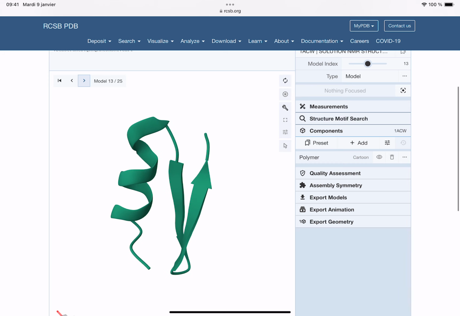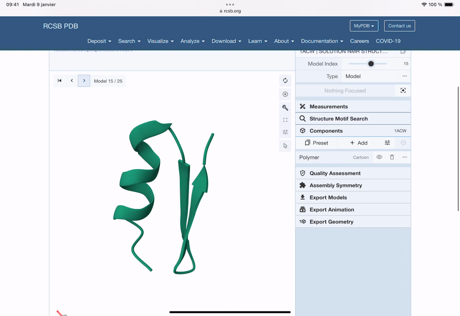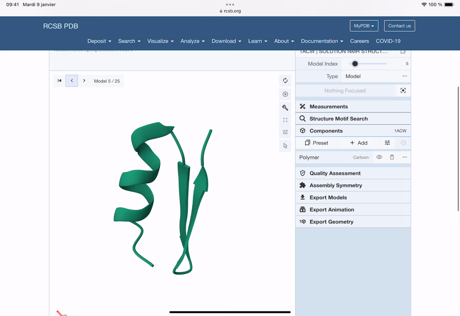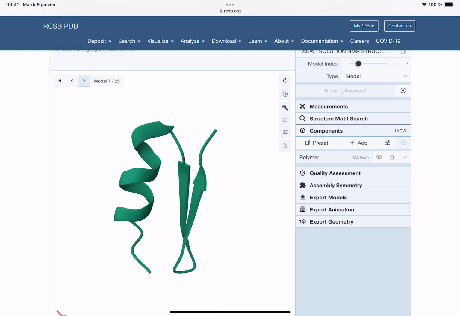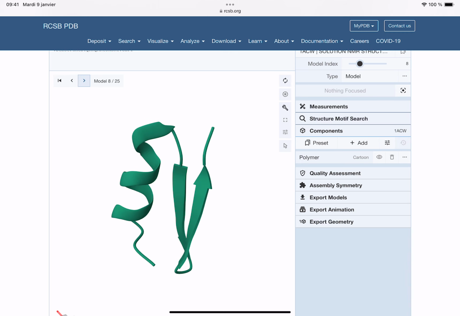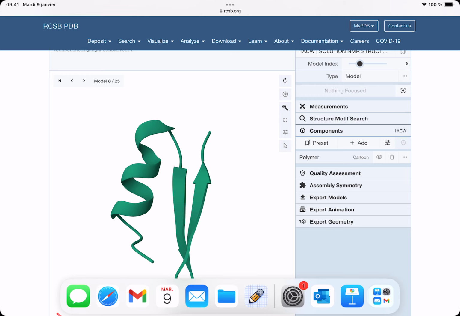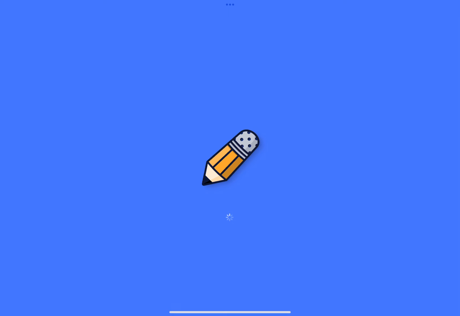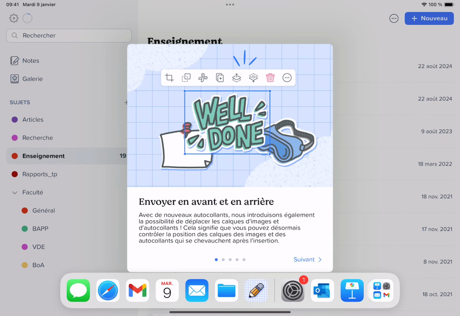You see that here you have small differences between the models. You see that in fact the secondary structures are quite similar, but you have some variation in the loops or in the C or N terminal of the protein. And so, in general, you have several models that are in agreement with the 3D constraints that you obtain from the NMR experiment.